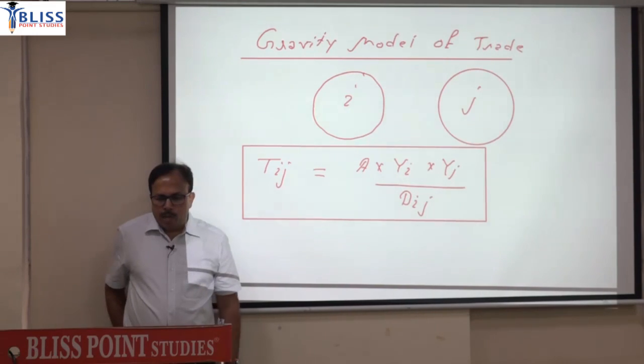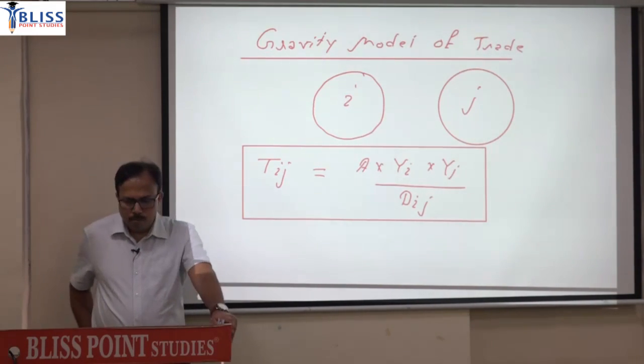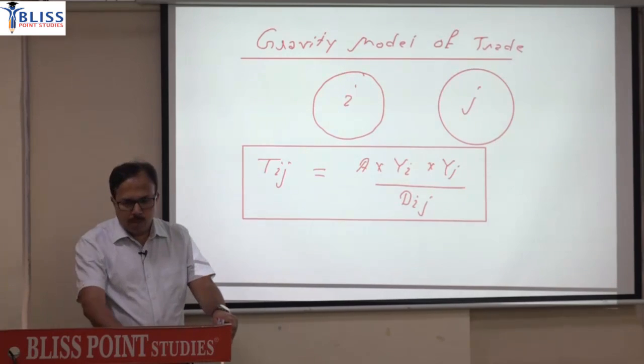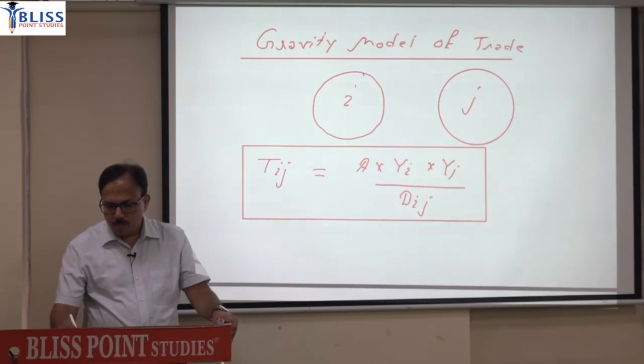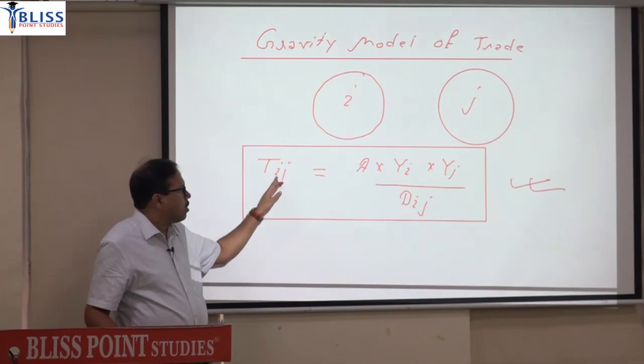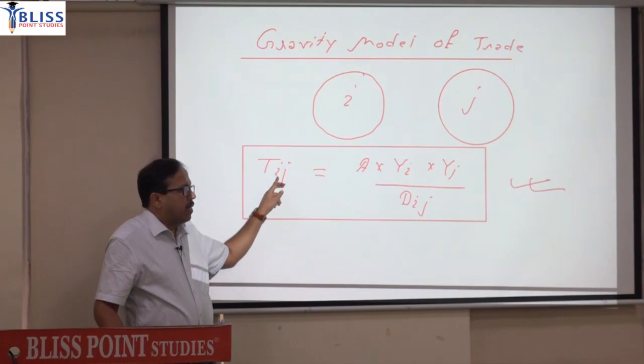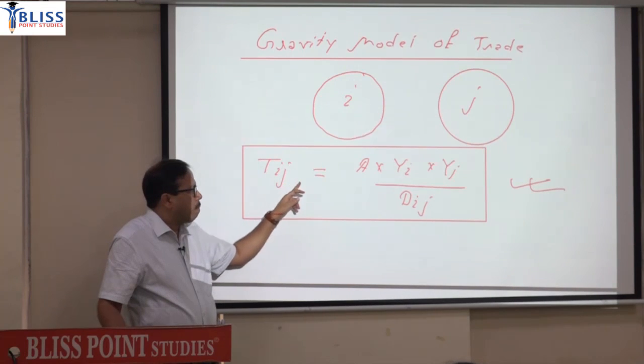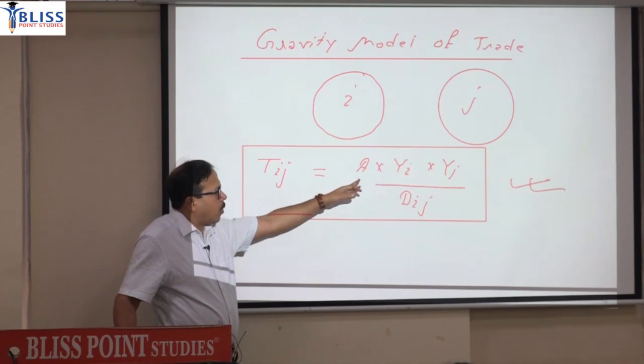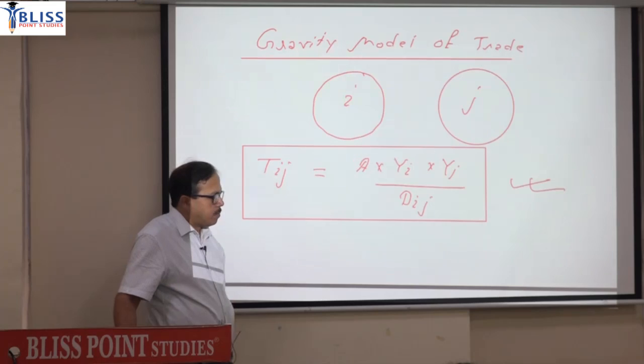The equation is this: trade between country I and J, this is the value of trade, is A yi yj upon dij.